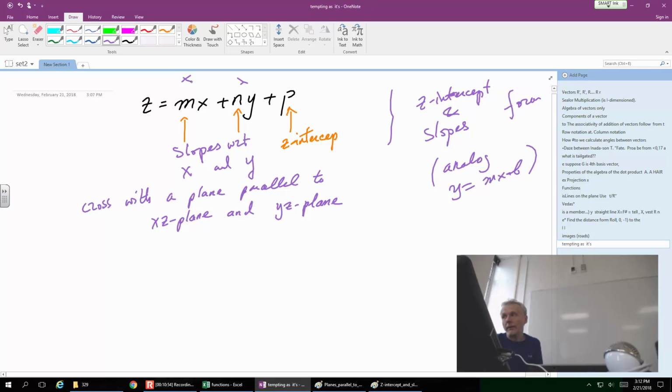Okay, the other one was the point slope form. So remember the point slope form. What's the point slope form?